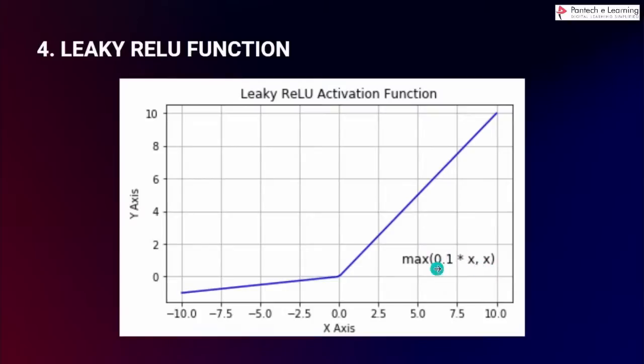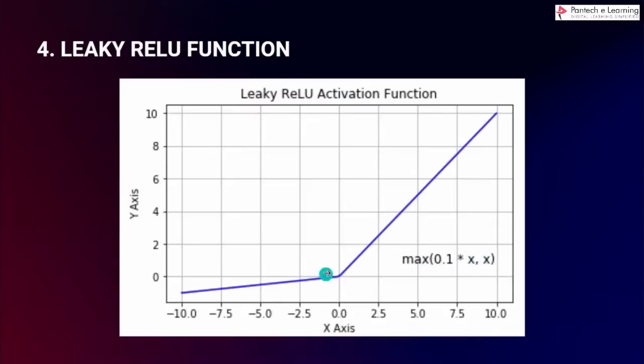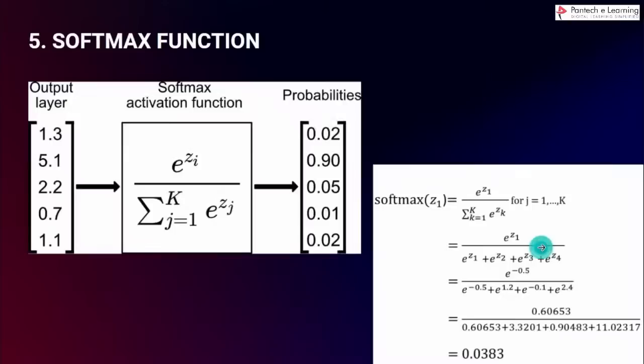Whichever is the biggest is taken, so if you have a negative value, it will have a very low value. They are not neglected completely, but less weightage is given. And if you have a positive value x, it will be taken into account as your maximum value. That's what leaky ReLU will do. Something is leaked here, so that's why it has been named leaky ReLU.